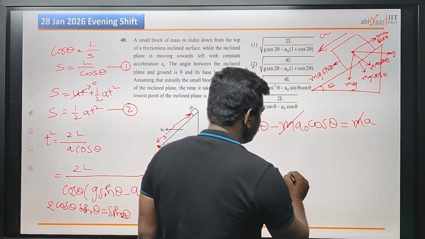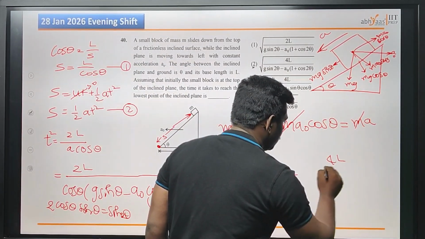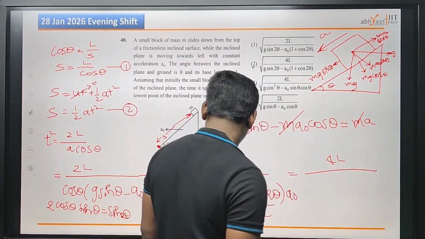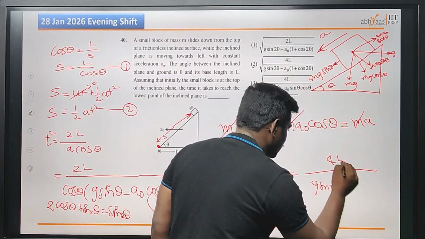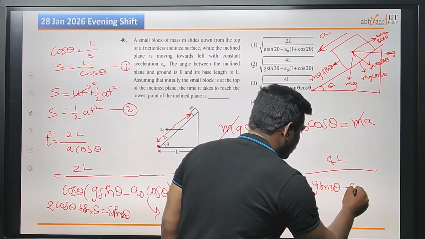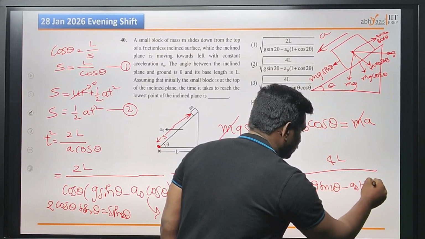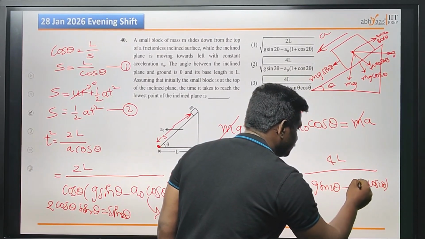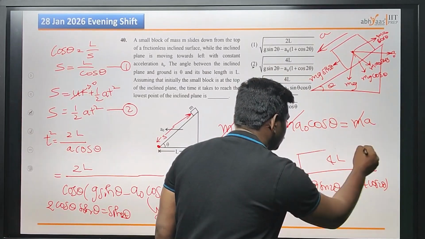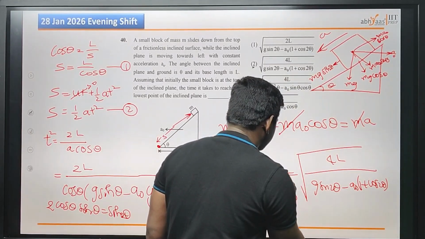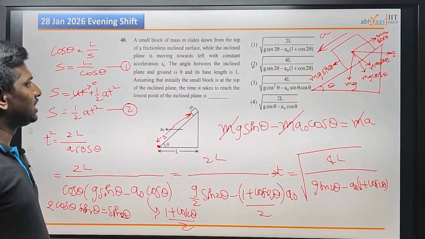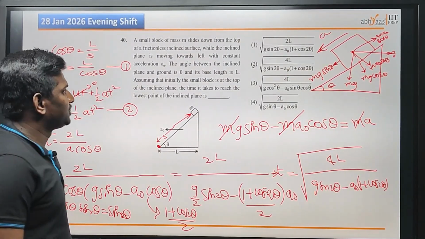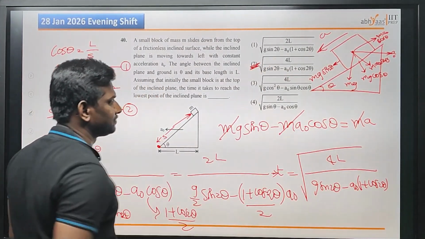Take this one upside. This is 4L by g sin 2 theta minus a naught 1 plus cos 2 theta, under root. This is your T. So what is the answer? Option 2 is your answer.